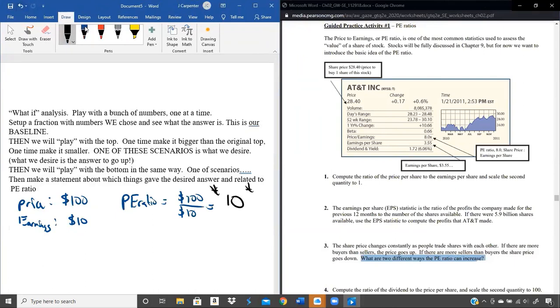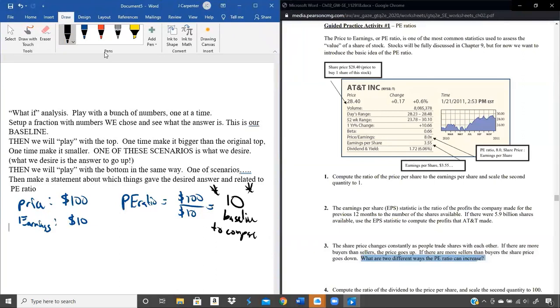This is our baseline to compare. Yes, I know it's coincidentally the same as the earnings. Do not take that as any kind of important factoid. If you don't like those being the same, do 105 and then you'll have a 20. Easy way to fix things. So this is our baseline.